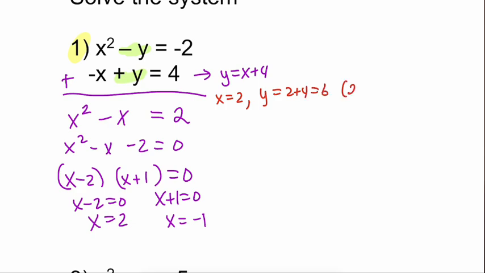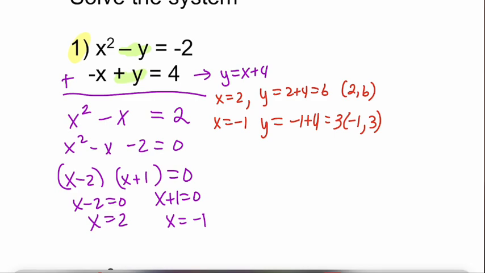So that's the point 2, 6. When x is negative 1, that makes y negative 1 plus 4 or 3. That's the point negative 1, 3. So it appears as if this line cuts through the parabola in two places.